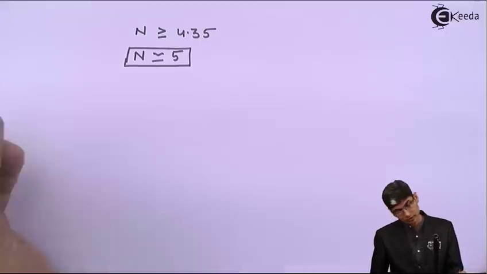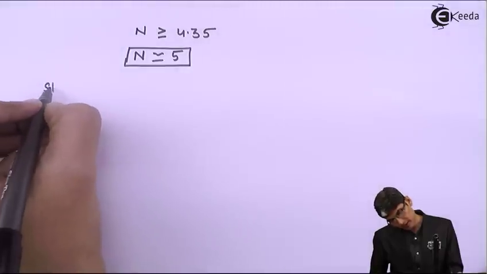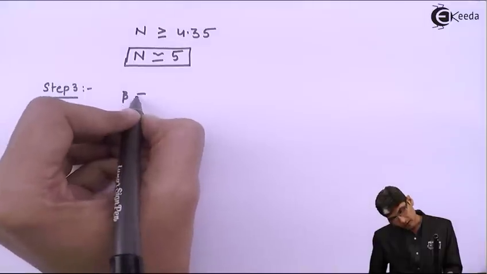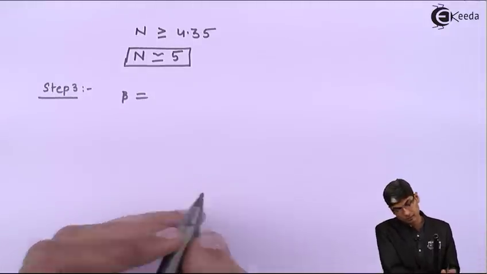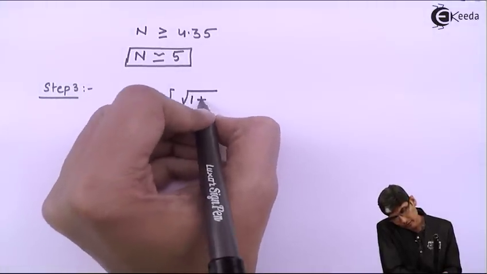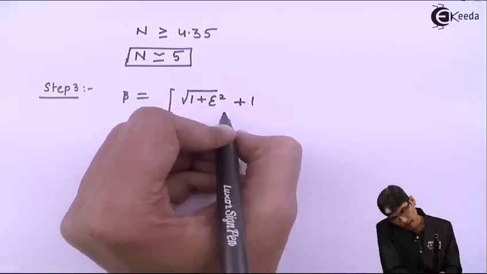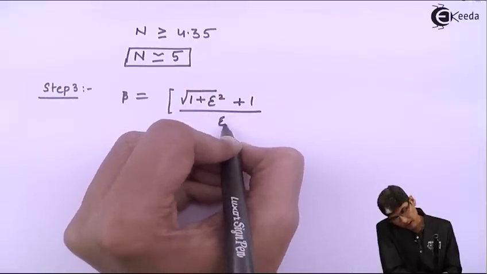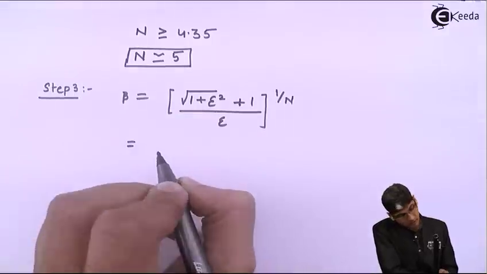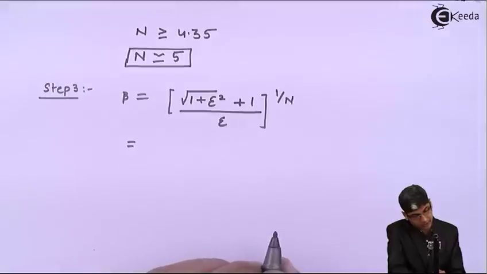Once you have found the order of the filter, I can go with step 3 now to find beta. Beta is nothing but the root of 1 plus epsilon square, plus 1, divided by epsilon, the whole raised to 1 by n. So let us calculate beta.